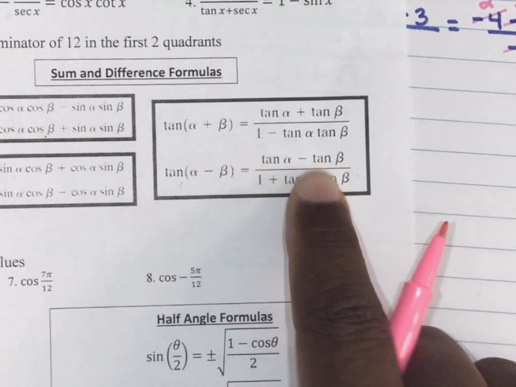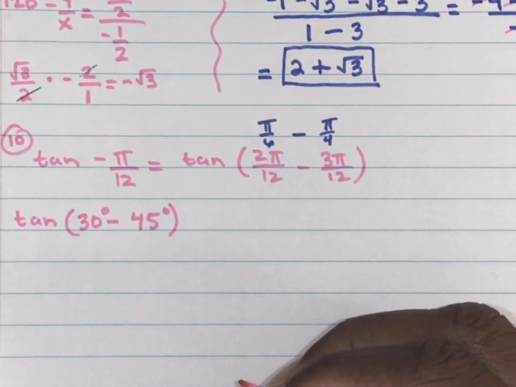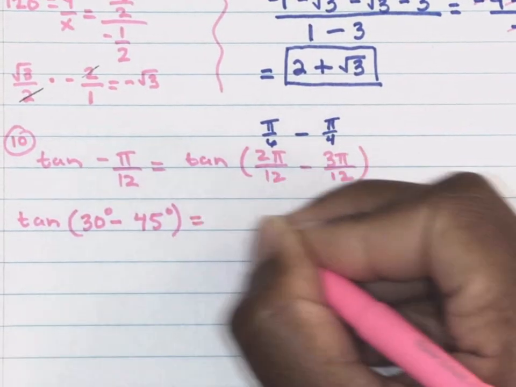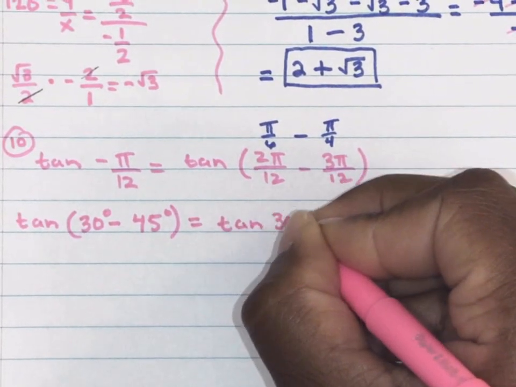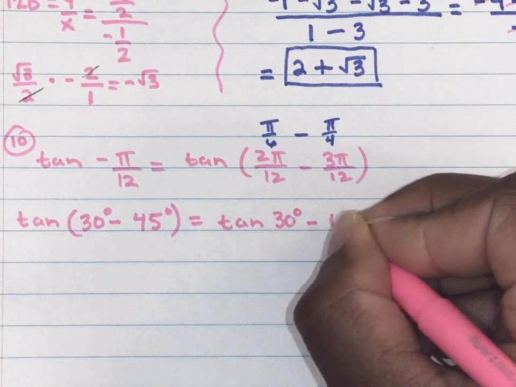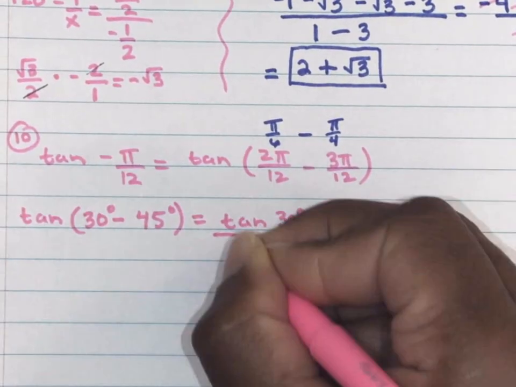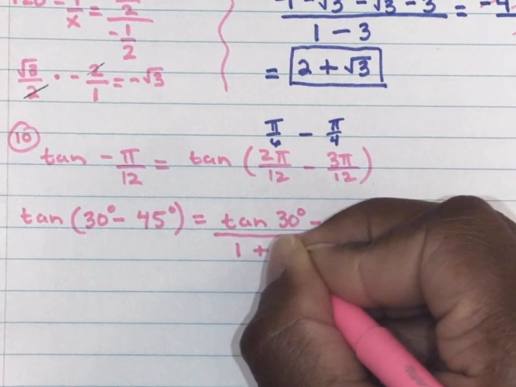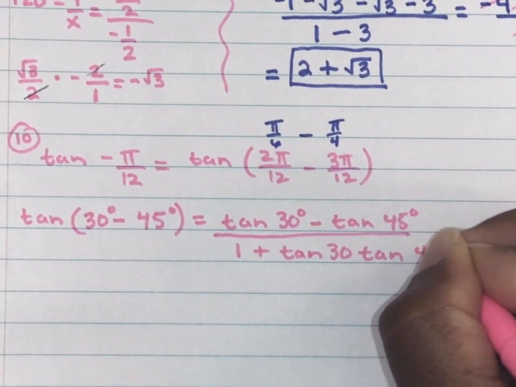Tangent of the first angle minus tangent of the second angle. And then we'll do 1 plus both of those tangent angles. So we got tangent of the first angle minus tangent of the second angle divided by 1 plus tangent of the first times tangent of the second.